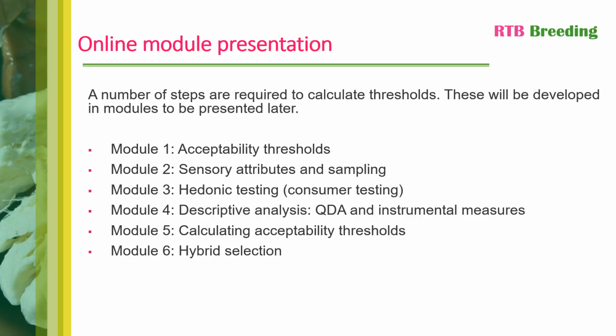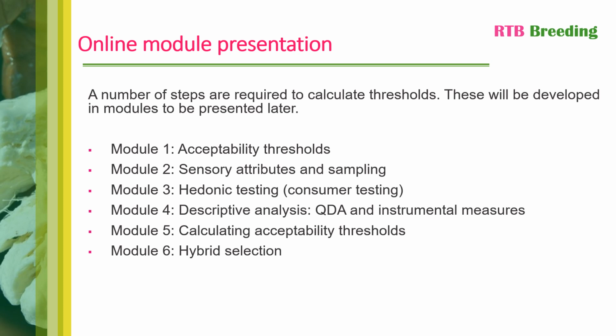In this first module, we will present all the steps required to determine acceptability thresholds. The details of each step will be presented in other modules that we will send you at a later date. This first module, presented today, concerns the general aspect of acceptability thresholds.